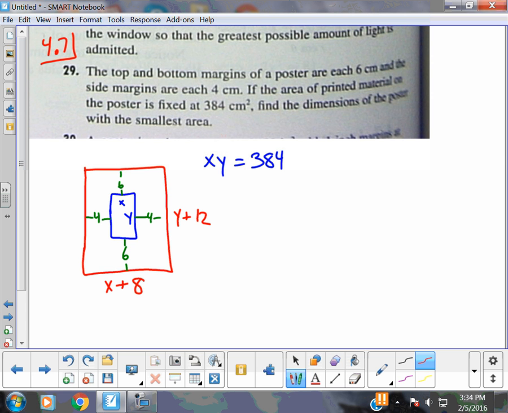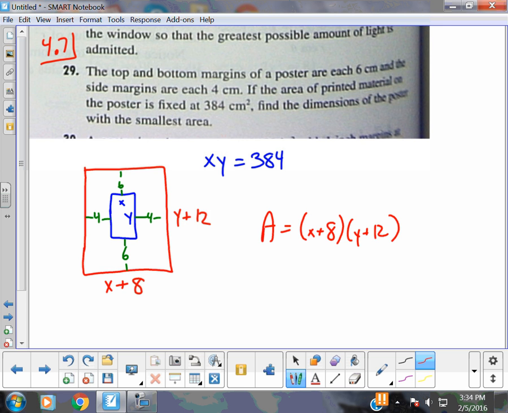So what it says to do is it's fixed X, Y at 384. Maybe you're paying for ink, and they want to get the smallest piece of paper. All right? So we want to optimize the outside area. I want to optimize the area of the poster, which is X plus 8 times Y plus 12.